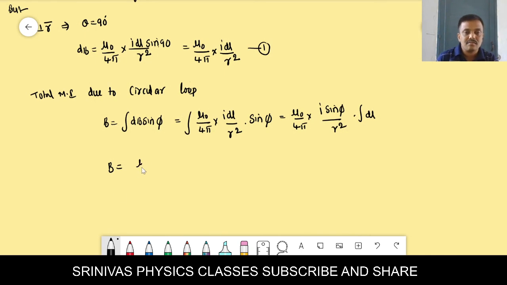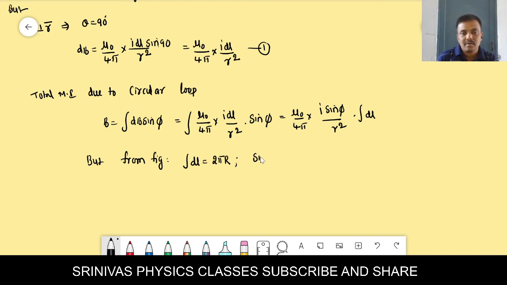Then we will get the circumference as mu naught by 4 pi into I sin phi. We can write the sin phi formula also from that, but from the figure we write like this. From the figure, integration dl, what we write? Right? Tell me. 2 pi R we write.